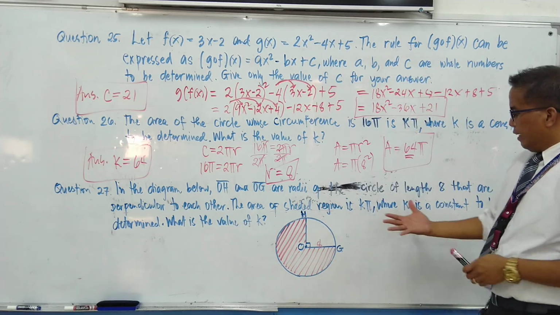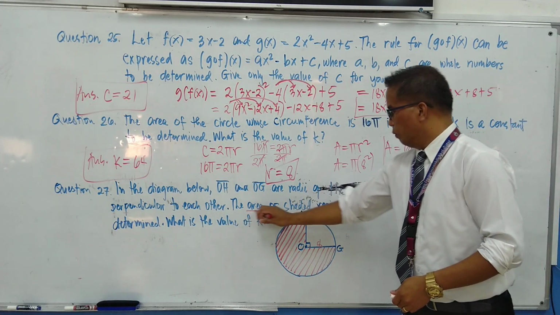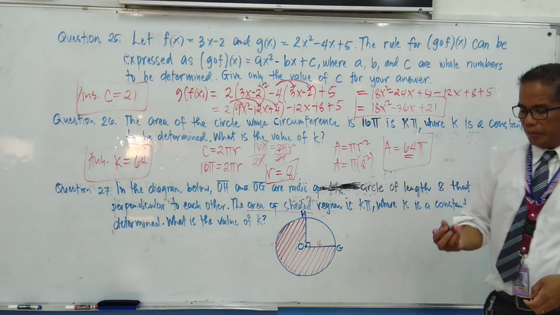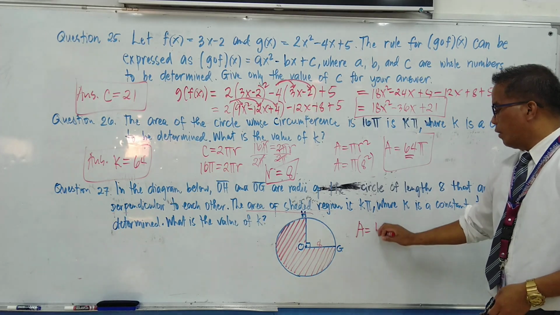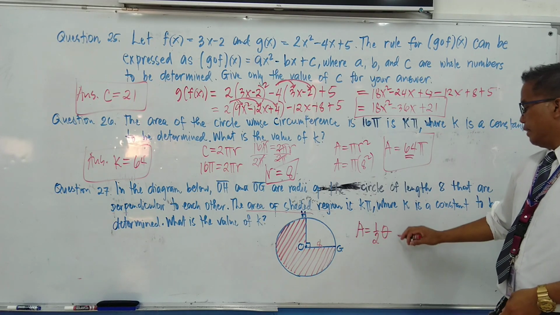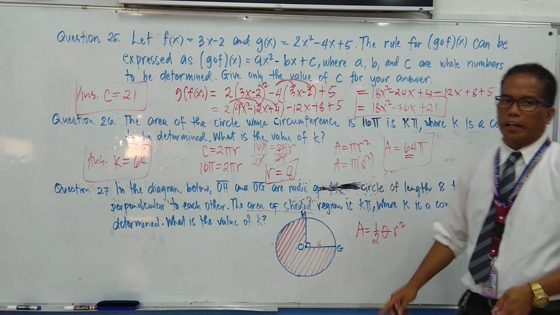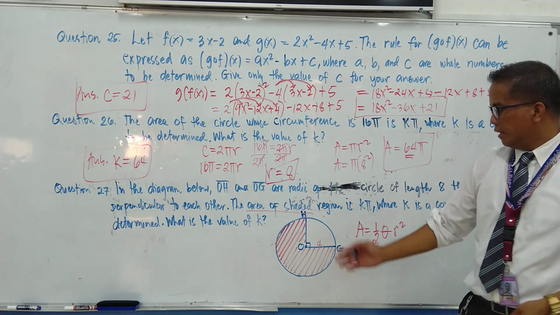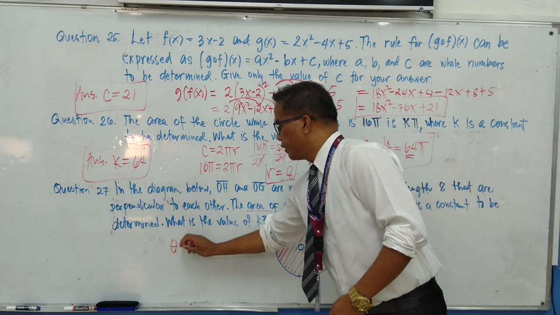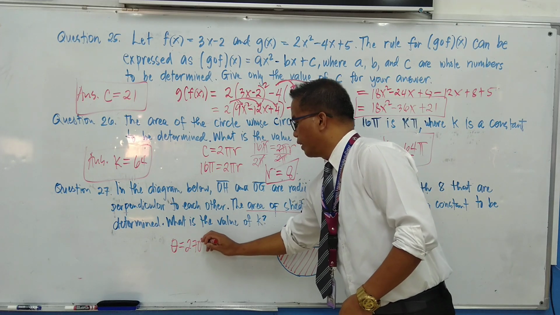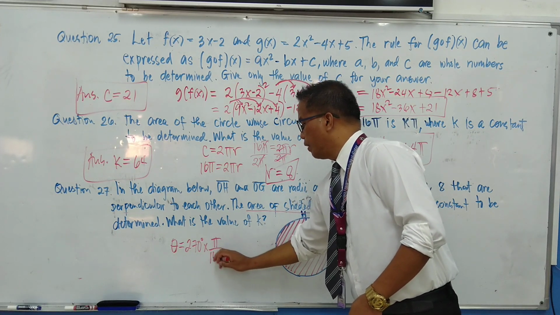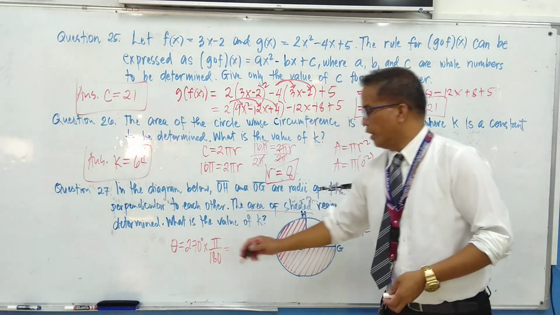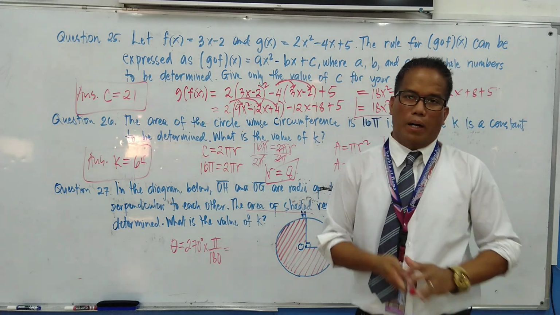Okay, so to answer this, we are going to find first the formula for the area of the shaded region. Area equals 1/2 theta r squared. This is a Greek symbol, theta. Then to find the value of theta, we have theta equals 270 degrees times pi over 180. Okay, so let us solve this one: 270 times pi over 180.